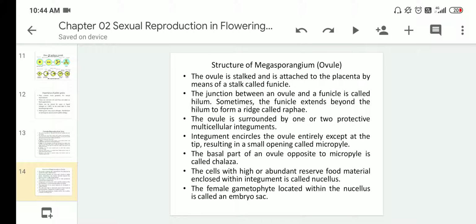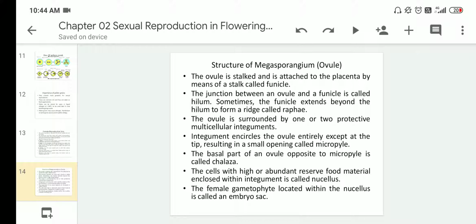Integuments encircle the ovule entirely except at the tip, resulting in a small opening called micropyle, where the integuments are not fused together, a small opening left out, that is the micropyle.